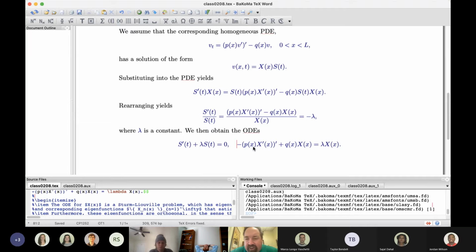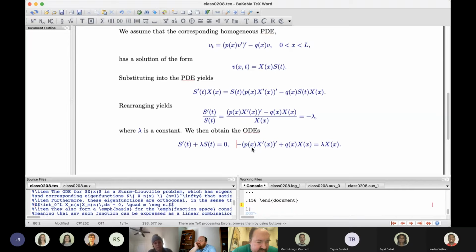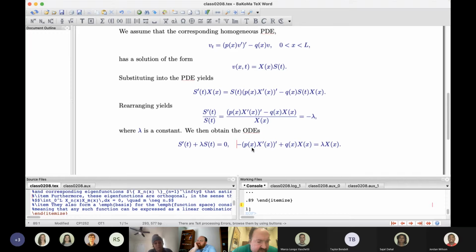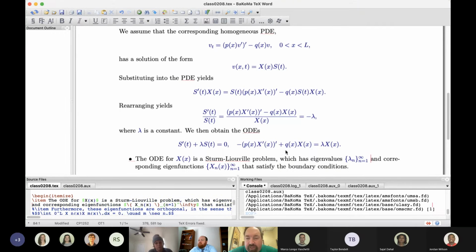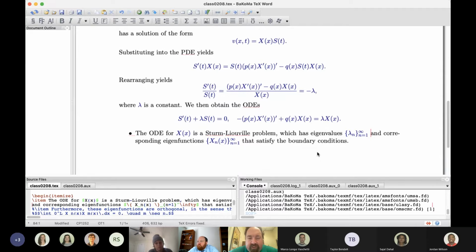Now, this kind of problem we've actually seen recently. It is called a Sturm-Liouville problem. And when I discussed this earlier, it has eigenvalues, the values of lambda for which this ODE has a solution that satisfies the boundary conditions.